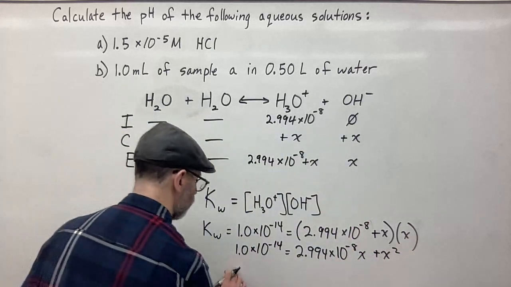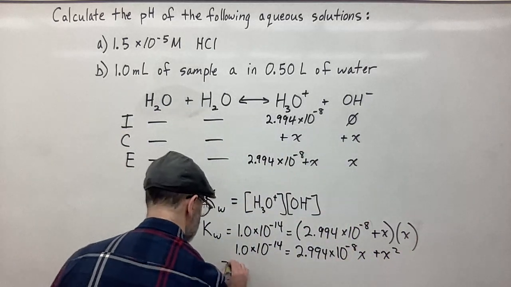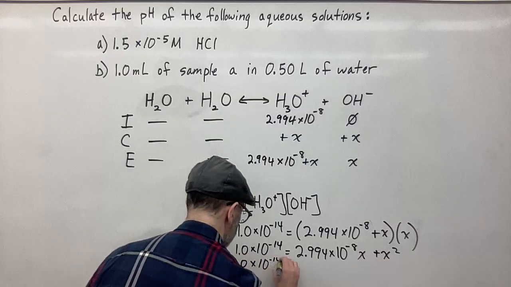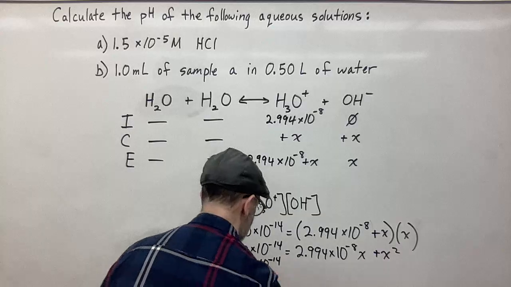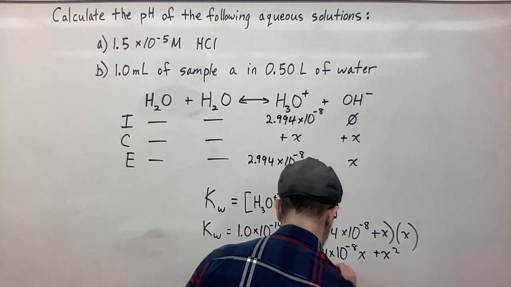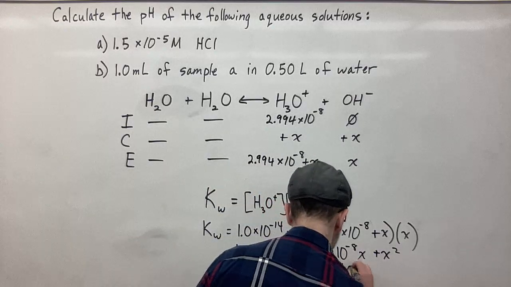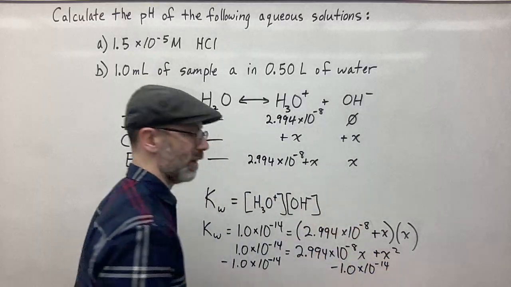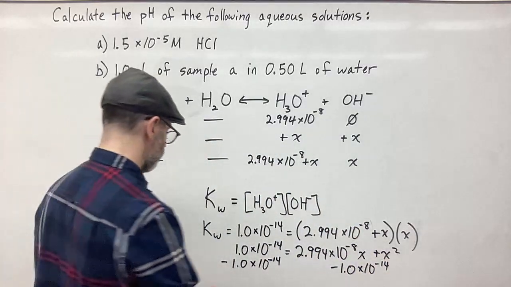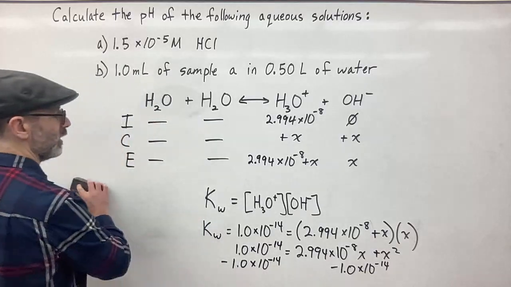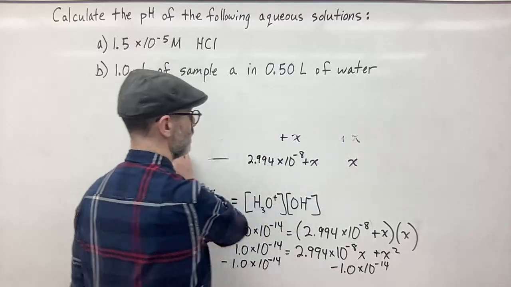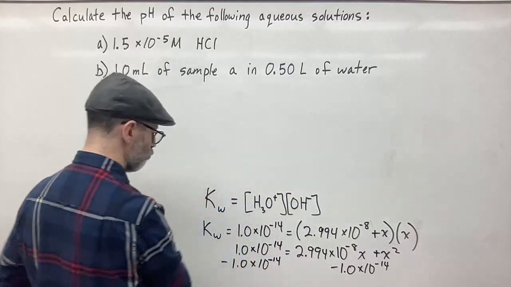If we bring this over, we subtract 1.0 times 10 to the negative 14. On this side, we'll subtract 1.0 times 10 to the negative 14 on that side, and then we'll have our quadratic equation in the proper form. Let me erase this to give myself some more room.